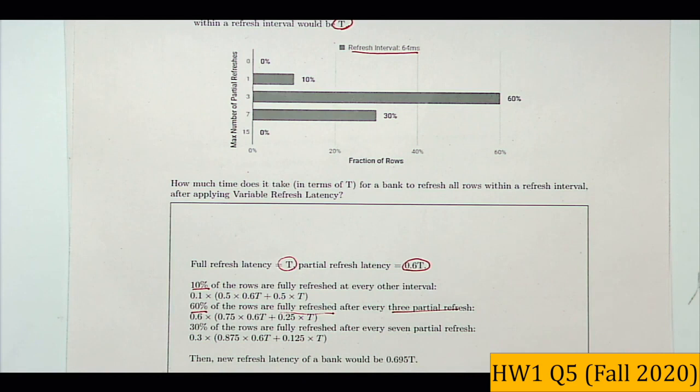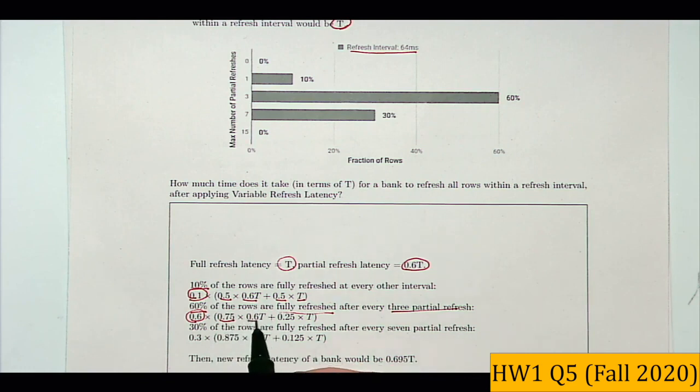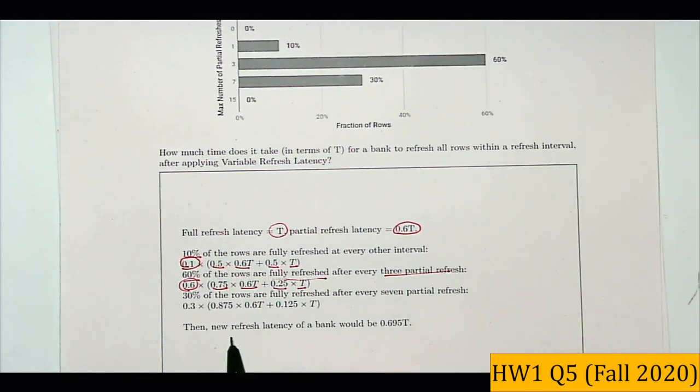So this 0.1 comes from 10%, and then half of them should be partial, half of them should be full. And for 60%, 0.6, and then 75% of the refreshes should be partial, and 25% should be full refreshes. So I just calculate these, add them up, and it gives me the refresh latency of a bank as this value.